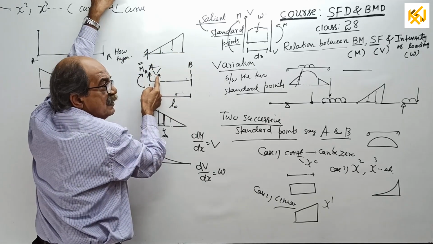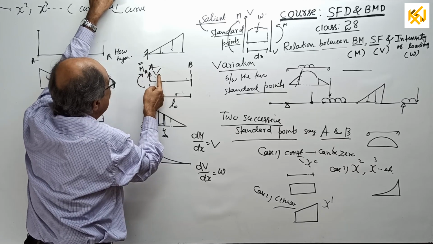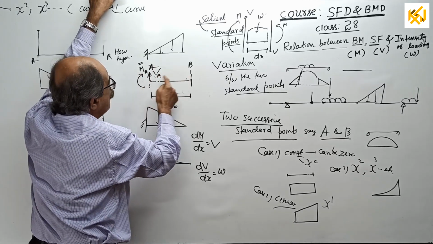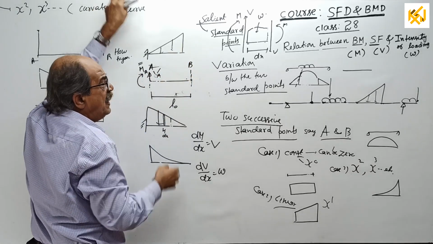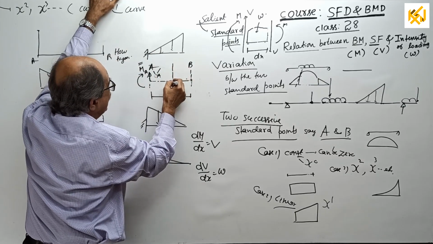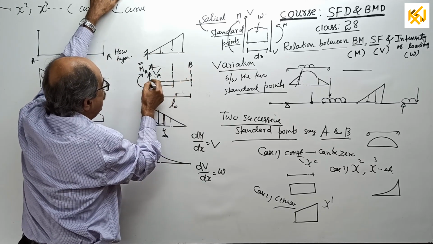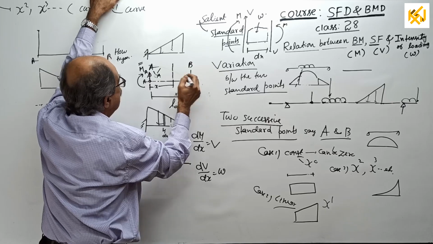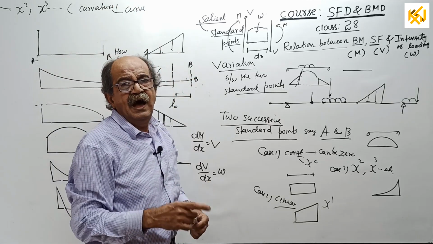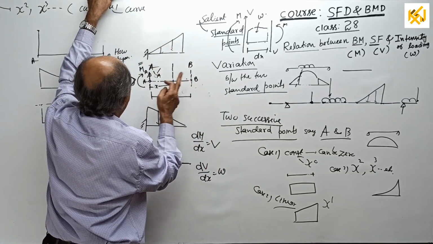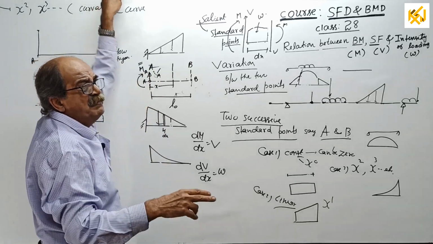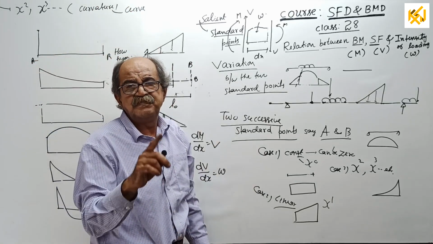Now, I am not telling this is shearing force or bending moment, because I want to consider between the points. Variation means I will take a section here at X from here. I told you A and B are standard points. So I will tell once again, when you write here, VA and MA will come everywhere. Then I will tell special cases.